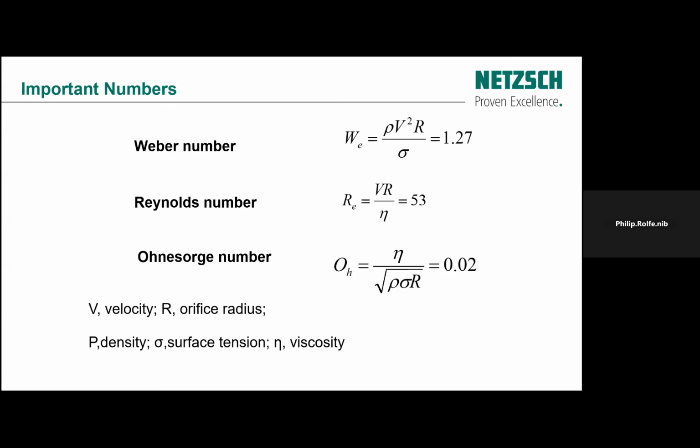Some key numbers that you may want to use if you're going to look at sprayability are the Weber number, and then the Reynolds number, and an Ohnesorge number. So these things will characterize the amount of turbulence going on, the amount of elasticity, the delay, the relaxation time, and so all these things together will affect how the material will atomize.